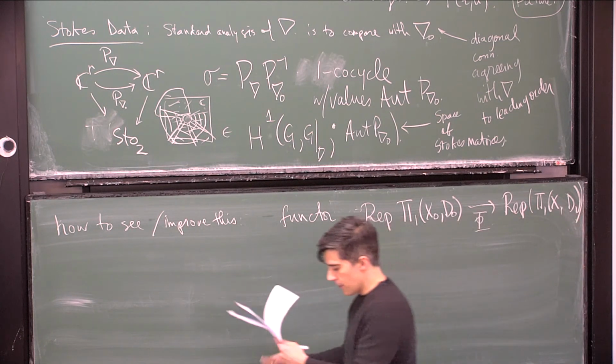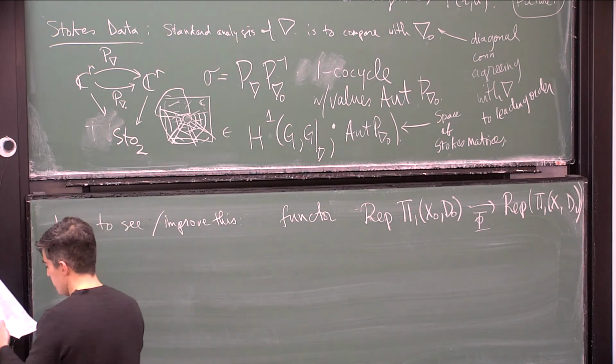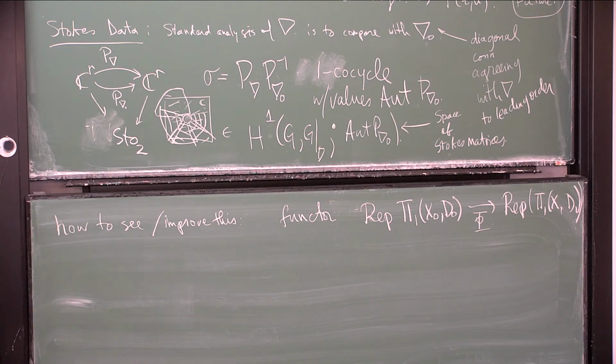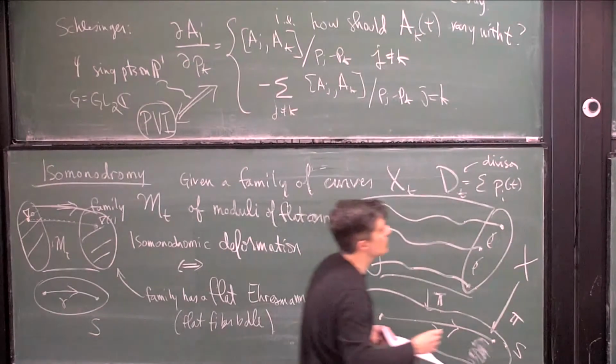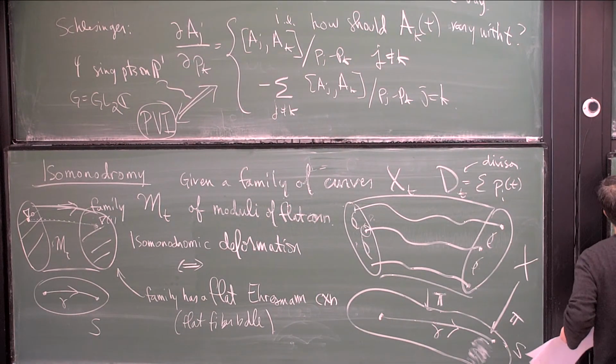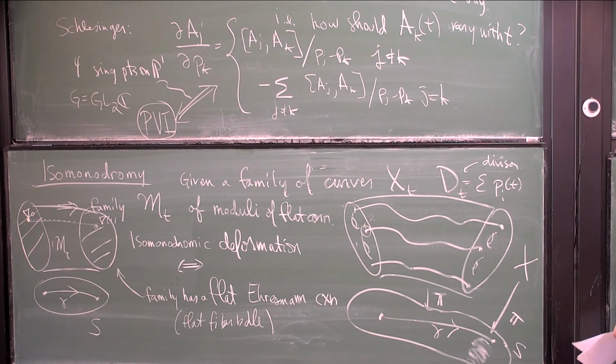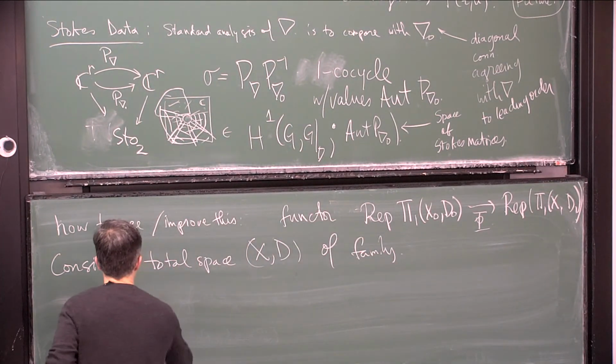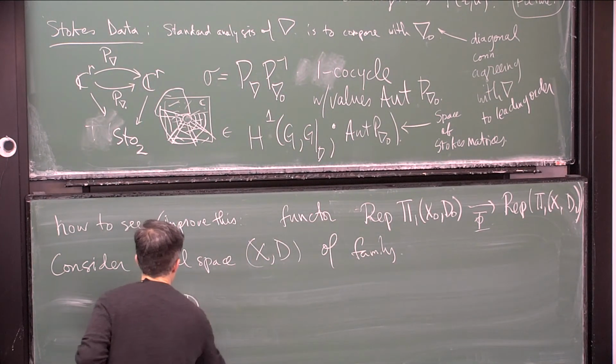And the interesting solution is that we look at the total space. So we consider the total space X_D of the family, and we consider the twisted fundamental groupoid of it.